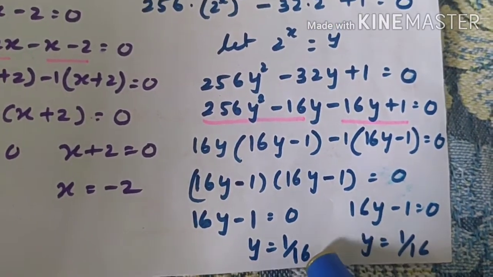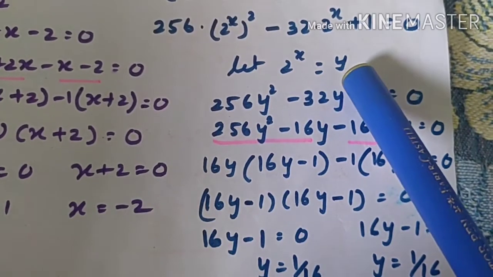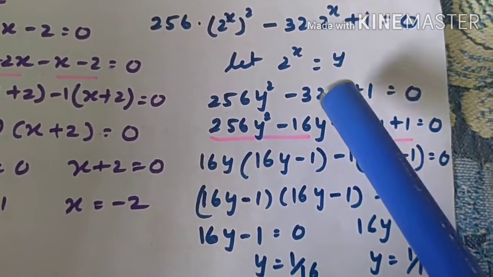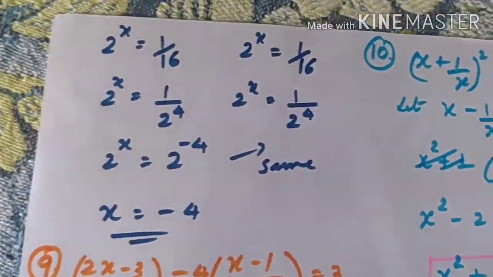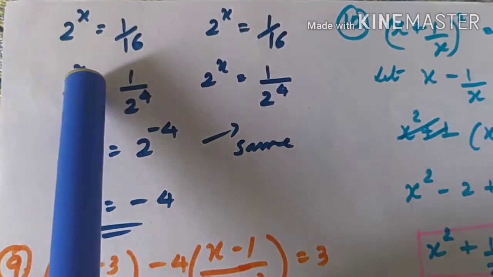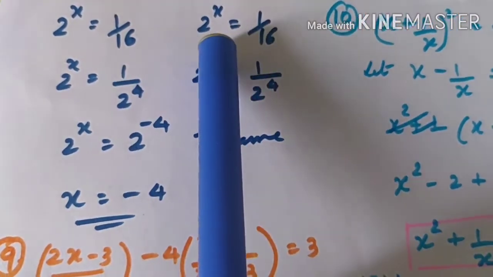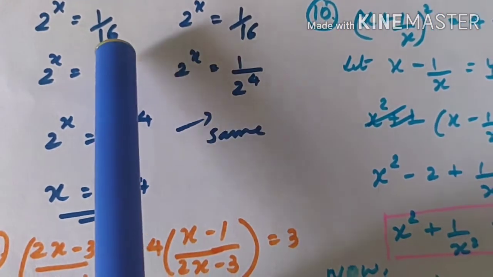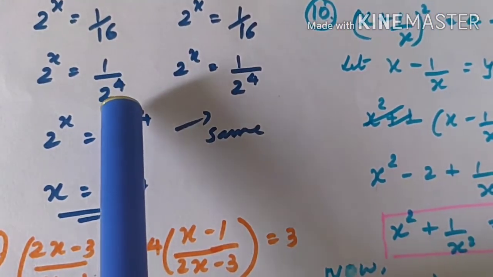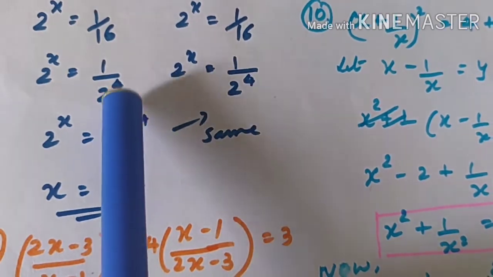But this is not our answer, as you see y is placed here as 2 raised to x. So now we replace our value of y: 2 raised to x is equal to 1 by 16. What is the value of 16 as a power of 2? That is 2 raised to 4.